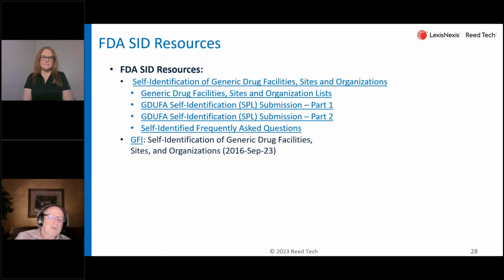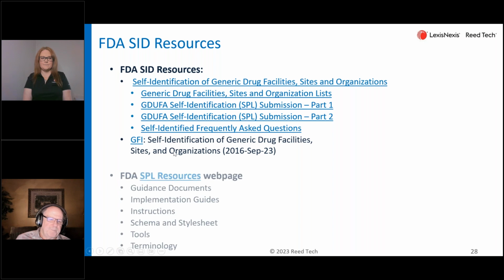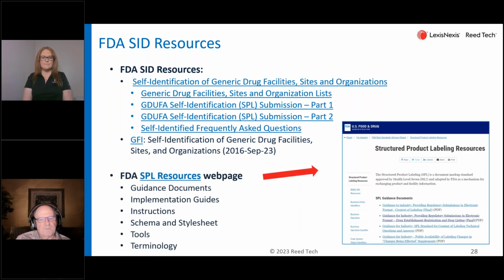Now, there are some very good guidance documents the FDA makes available. Here are some links to read about generic drug facilities and self-identification, and some information about the SPL. There's guidance for industry, and a number of very good documents addressing the structured product labeling SPL resources page.